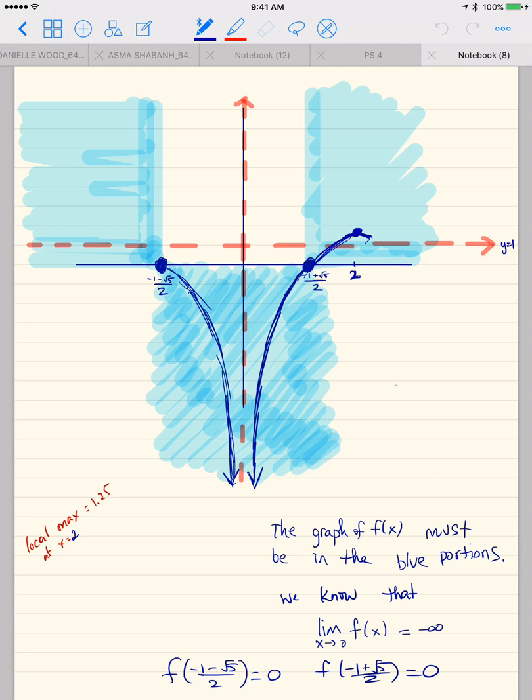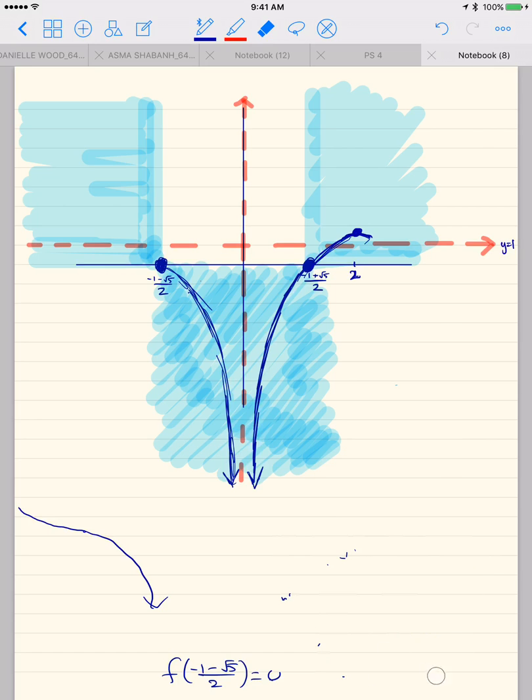Now, here's the issue. Because you might say, hey, why can't we just go ahead and fill it in? The issue is that you've got two ways to decrease. You could decrease like that, or let me show you another way you could decrease, like that.